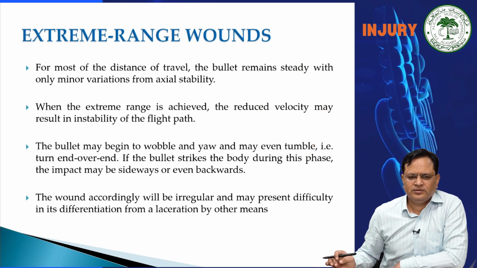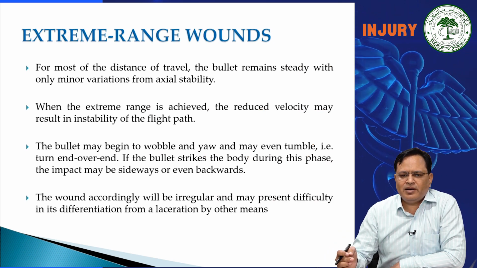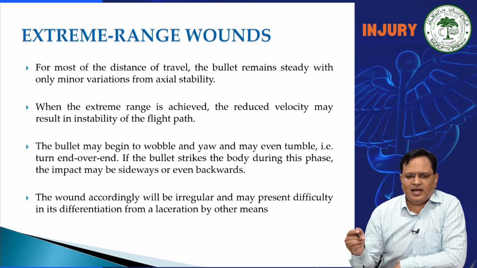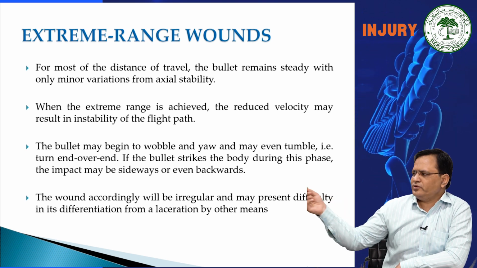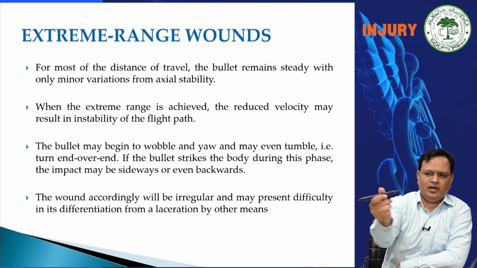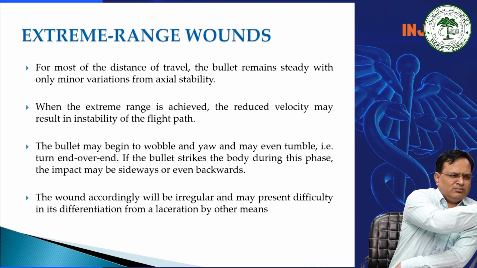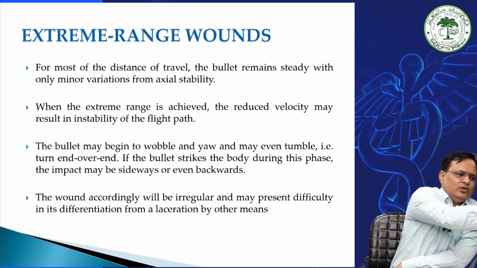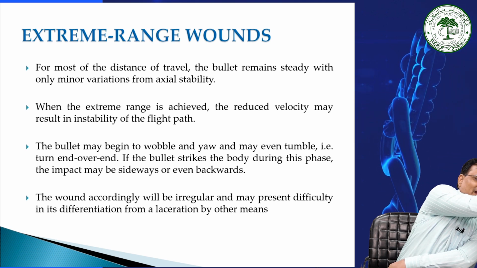Extreme range: at more distance traveled, the bullet remains steady with only minor variation from the axial stability. If a bullet is going like this, after some long distance it can go like this, or like this, and it is still traveling.